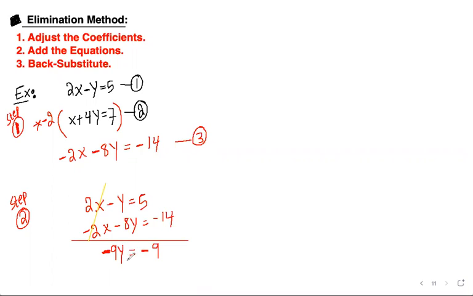Now I have to find the value for y, so divide both sides by negative 9. They cancel each other, so I get y equal 1.